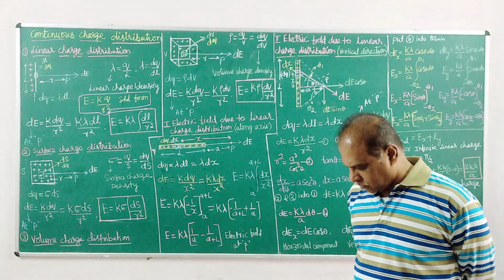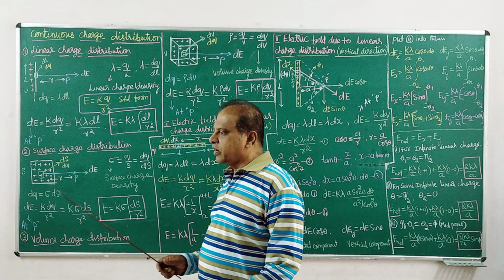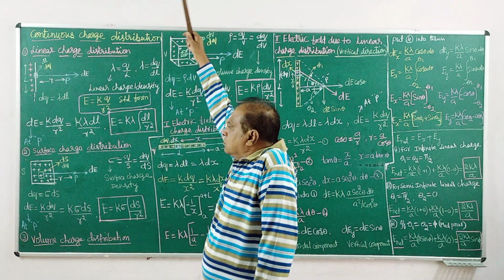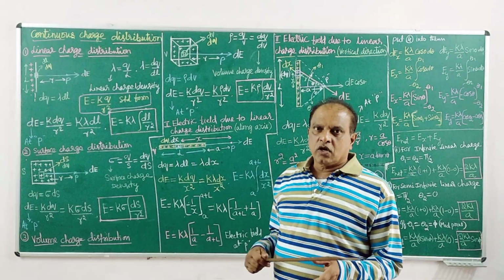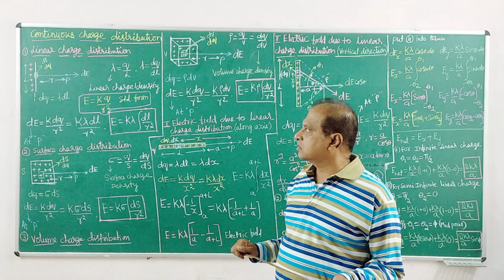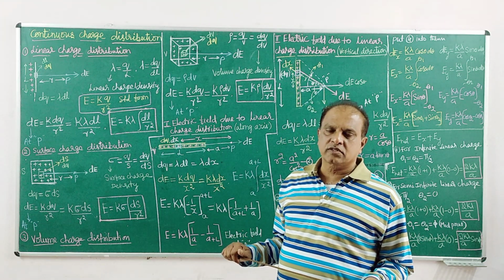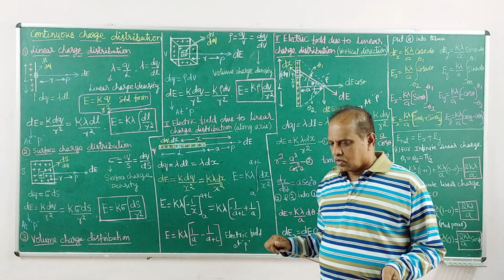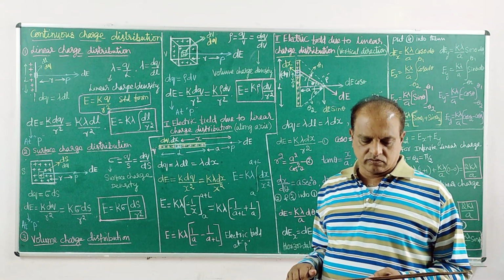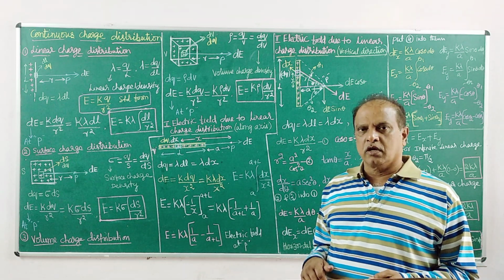Before we go for it, let us understand the meaning of the term continuous charge distribution. What is meant by continuous charge distribution? If an object acquires charges, an infinite number of charges, the charges may be positive or negative.